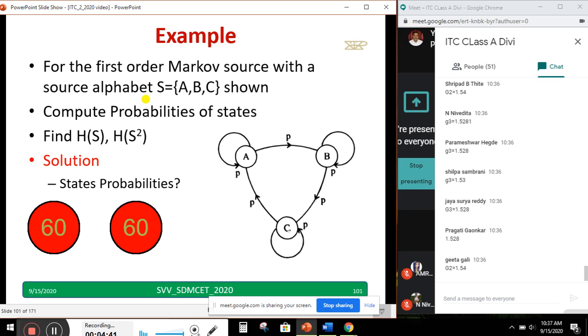For the first order Markov source with a source alphabet S equal to A, B, C shown, compute the probabilities of states. Find H(S), comma H(S square). Write the solution.